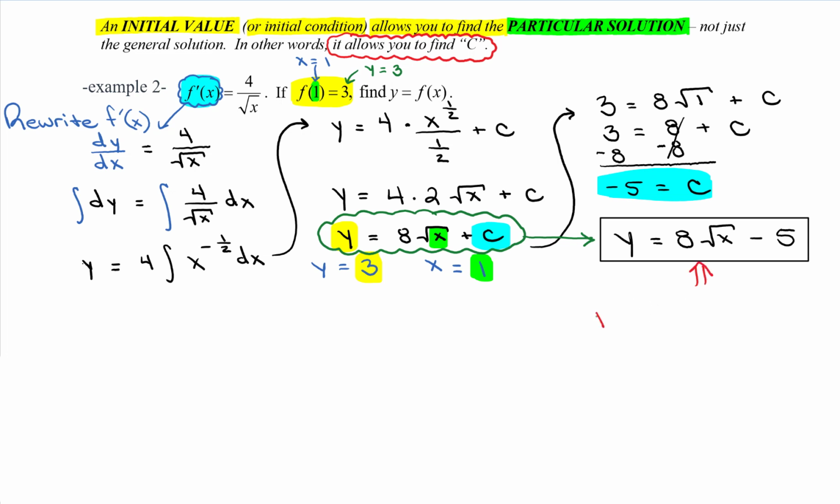I put a box around it. I have an arrow pointing up at my solution, and I'm going to write right beneath it "particular solution," because that's what this represents. I'm going to draw a little cloud around that, so you see that that's my final answer, because I do have a lot of other things with clouds and highlighting. I want to make sure it stands out.